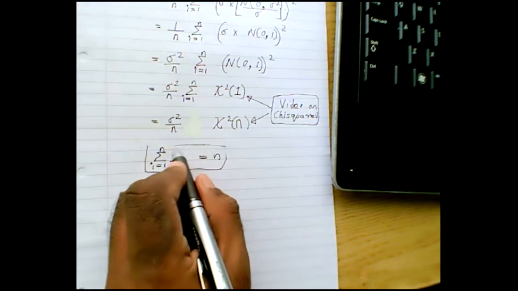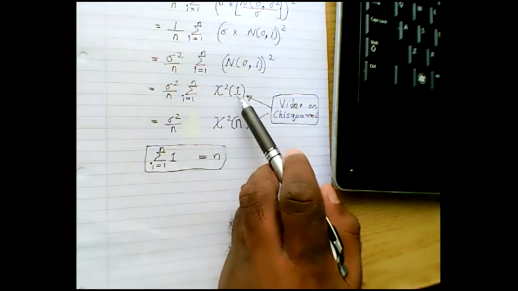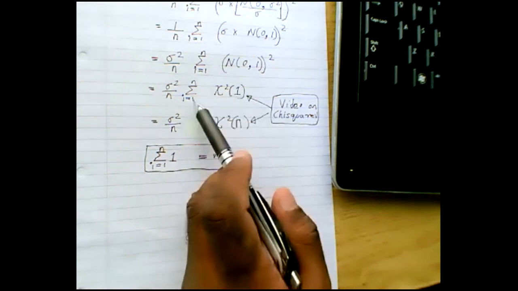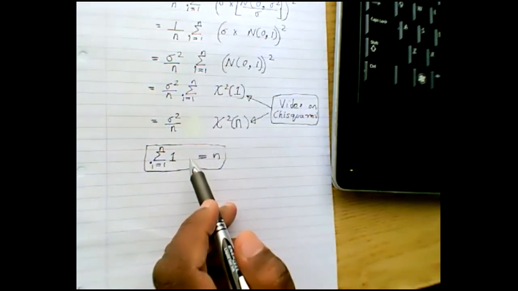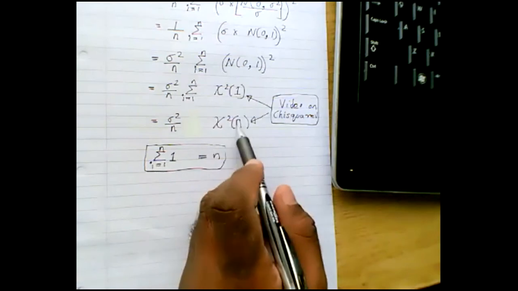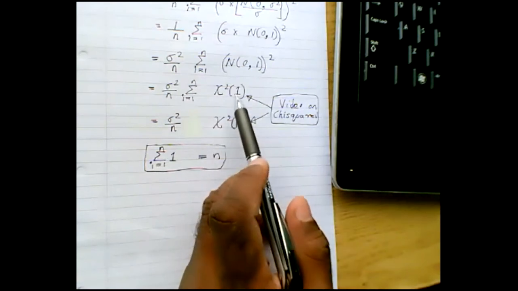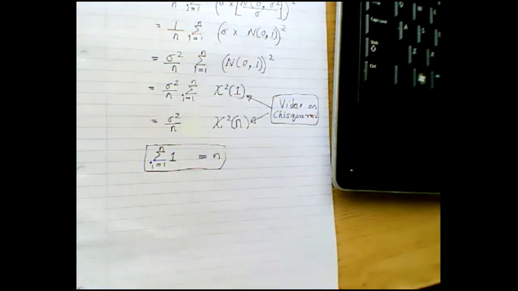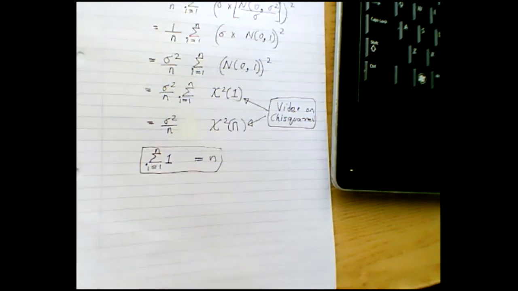So the degree of freedom is the sum of the degrees of freedom, which is 1 here, for i from 1 to n. That's how I use it. That's why I get n here, because n is the sum of 1 for i from 1 to n. I hope this explanation is slightly better than what I gave you before. If you want a better explanation, please contact me later.